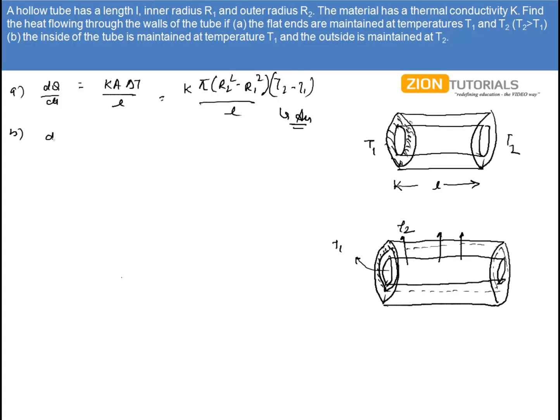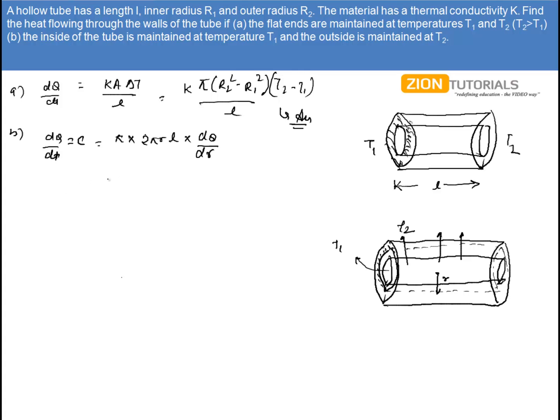And I'll calculate dq by dt, that is again a constant, equal to K. Here the area will be equal to 2 pi r, because I took this differential cylinder at a radius of r, into the length of the cylinder, into d theta, the temperature variation of this differential element, divided by dr.